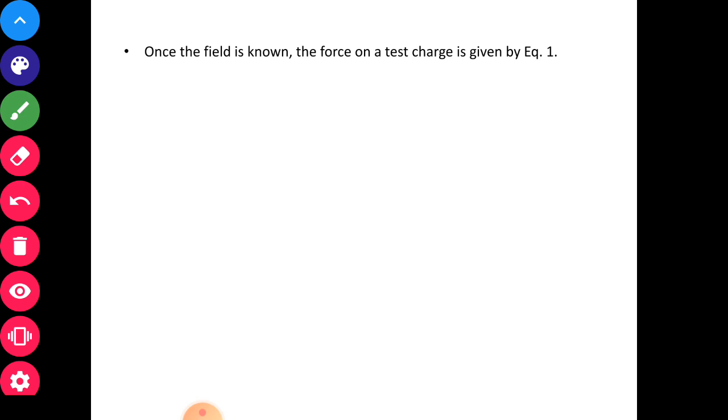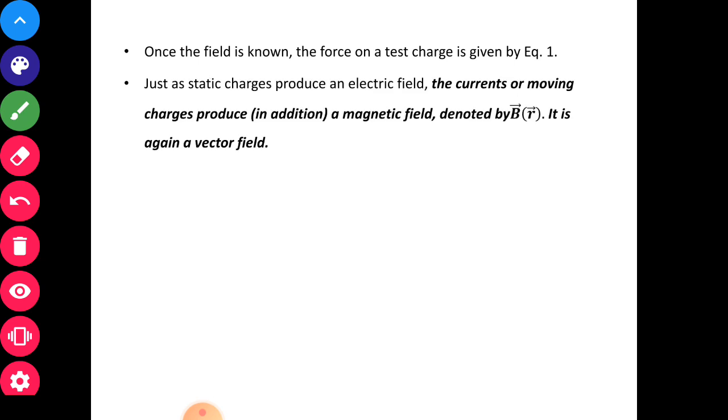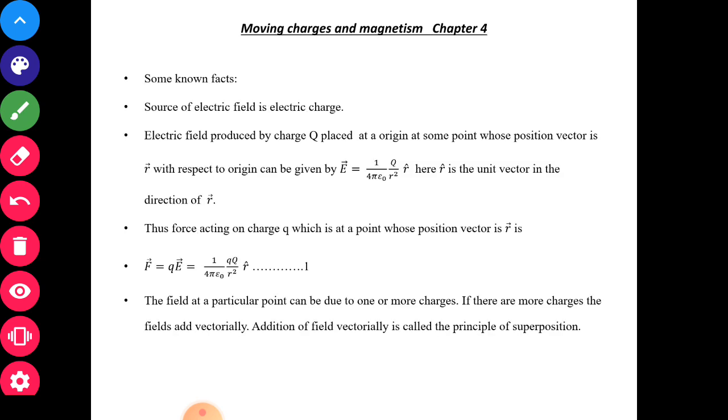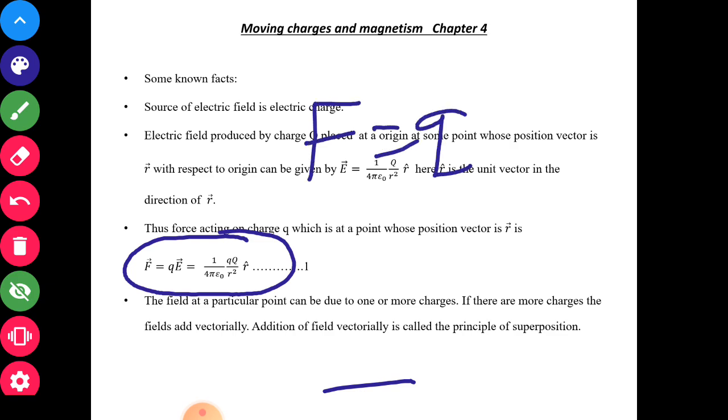Now, once the field is known, the force on the test charge is given by equation 1, which is written here. So if you know the value of the electric field, then what is the force? Force is nothing but F is equal to qE. This you must know.